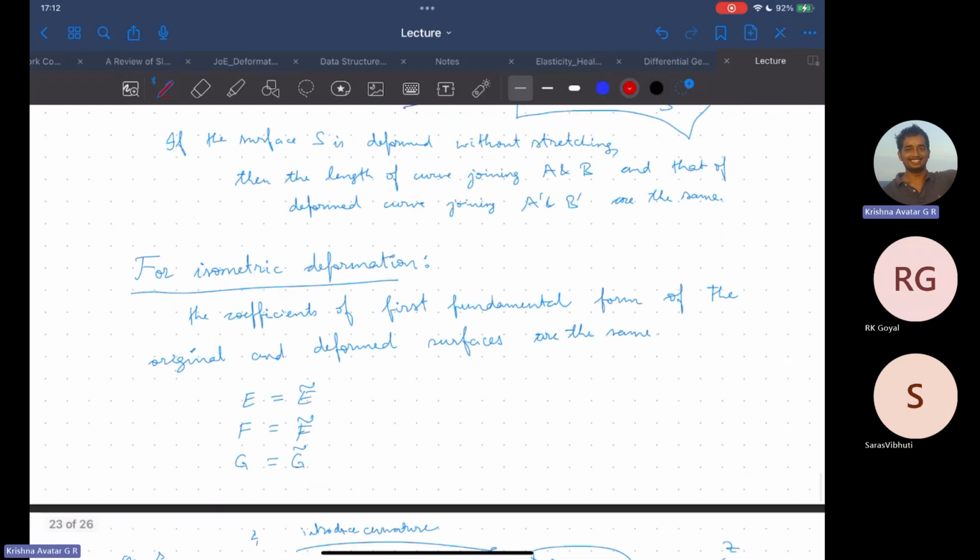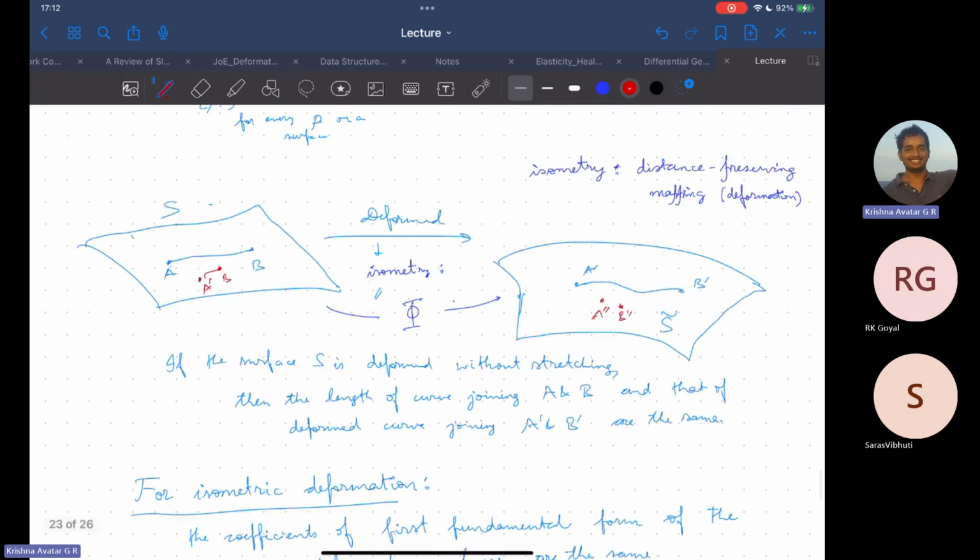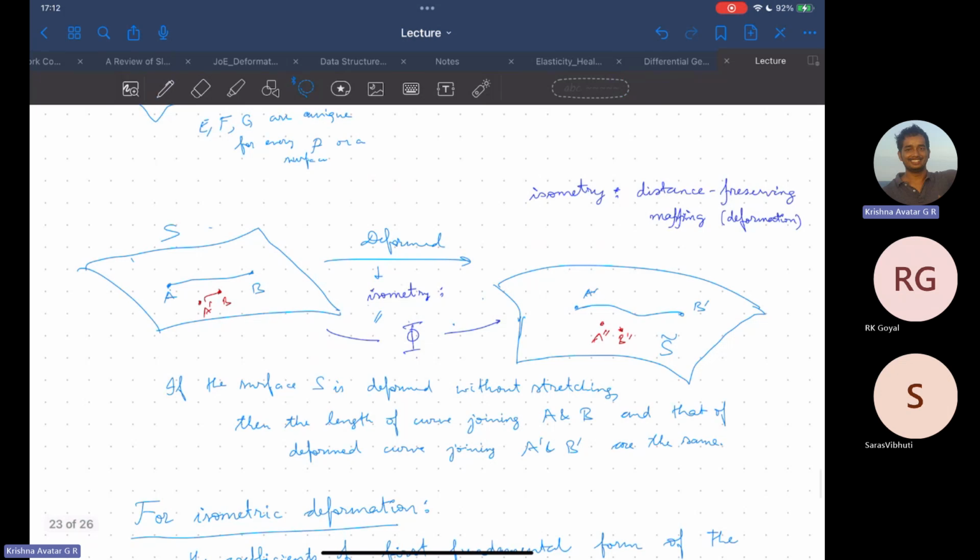And you'll ask, okay, but what is the use of isometry? I have been talking about distances, but you know that it's tough to measure distances. Physically speaking, if you are deforming one thin surface or thin elastic sheet, right?